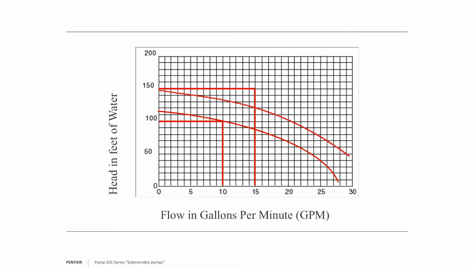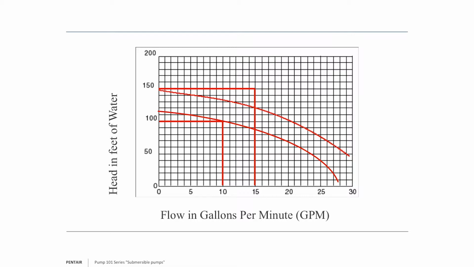A lot of people ask me, why then are VFDs getting so popular? It's for this very reason. Let us say that today we have a greenhouse that their demand is 10 gallons per minute at 100 feet of head. But they plan on being successful, so they're planning on growing. They're planning on adding additional greenhouses and such.